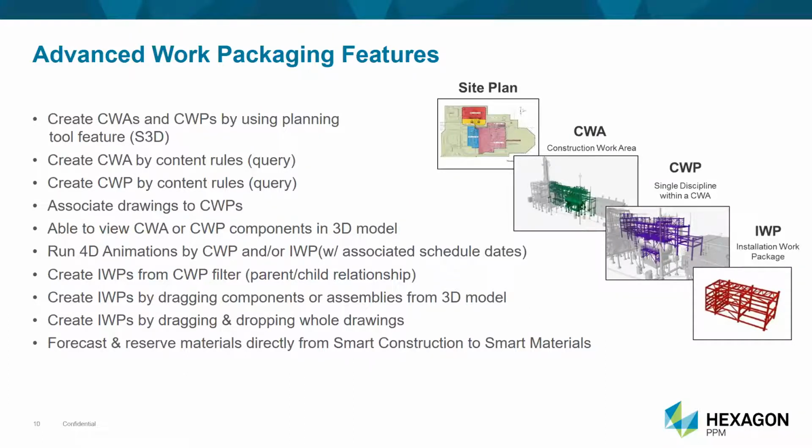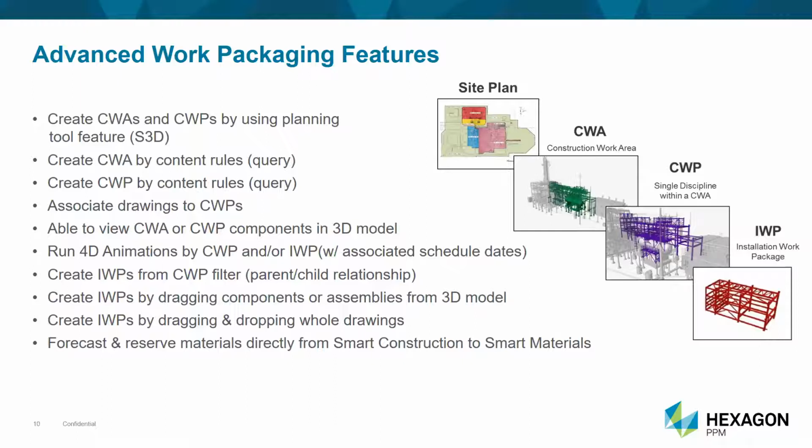If we're talking piping, you can select it at the spool level, or in other cases, even at the component level. But we have the capability to simply drag and drop. If you have a placeholder or a CWP or IWP created, you can simply take those from the 3D model and drag and drop them into that package or that placeholder.